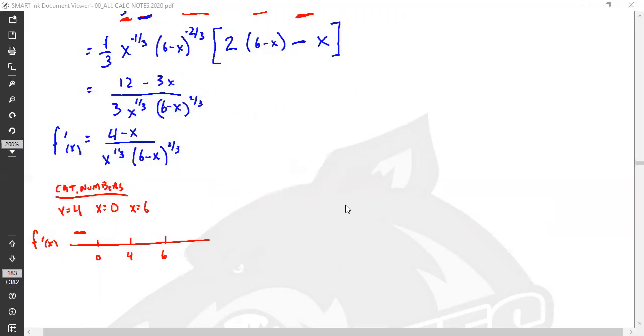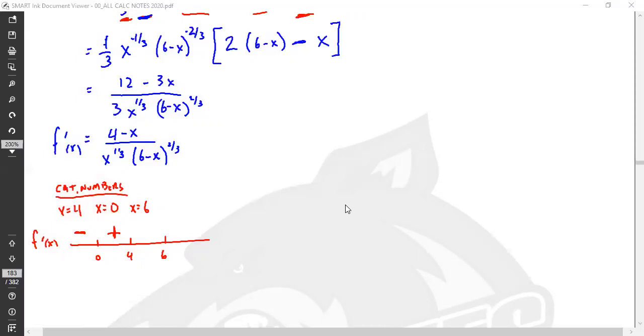Between 0 and 4, say a number like 1, 4 minus 1 makes the numerator positive. 1 to the 1/3 is positive. And then 6 minus 1 is 5 to the 2/3, which is also positive. So in this interval, we have positive values.